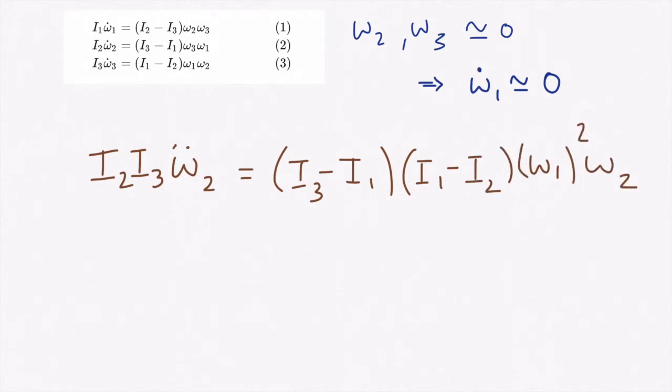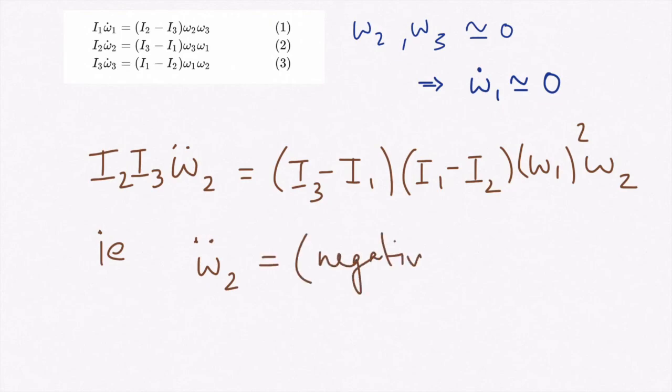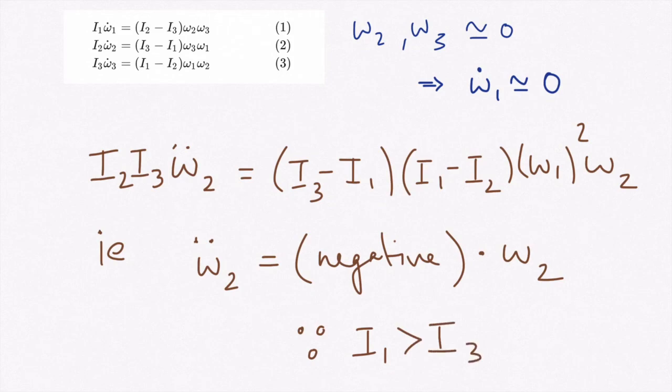Now, differentiating equation 2 and substituting omega 3 dot from equation 3, we get the following. We see that the double derivatives of omega 2 and similarly omega 3 are negative quantities.